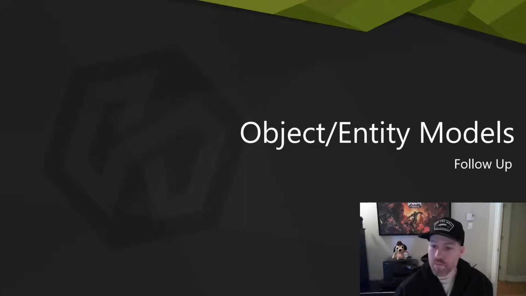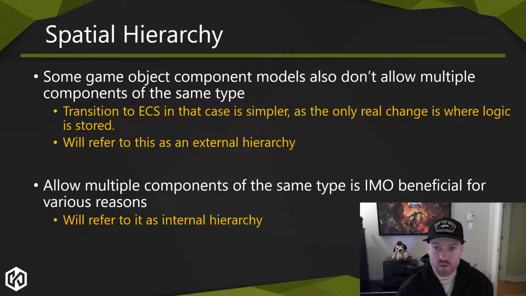Primarily, the biggest question was regarding what I was calling a spatial hierarchy. It's something that I took for granted, and I forgot that a lot of even the game component models don't actually allow multiple components of the same type. They do this composition approach.